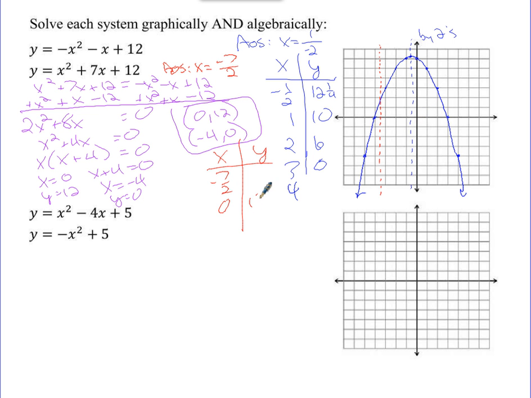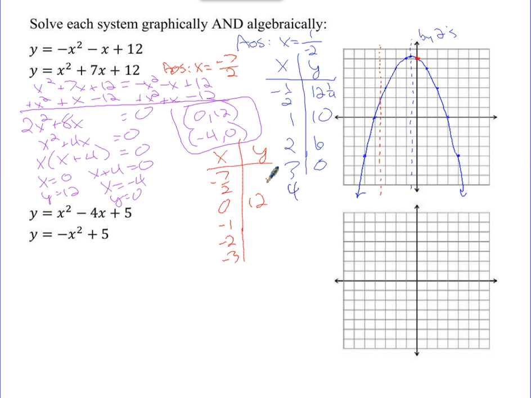So I can put 0 on there and get 12 instantly if I want to. And then I can go negative 1, negative 2, negative 3. So 0, 12, I already know is on my graph, and I already know that it's an intersection point. Since my vertex is somewhere on this line, I'm guessing it's probably somewhere in this region here. So I'm guessing that this dot or this dot is going to be my other answer. We'll see.